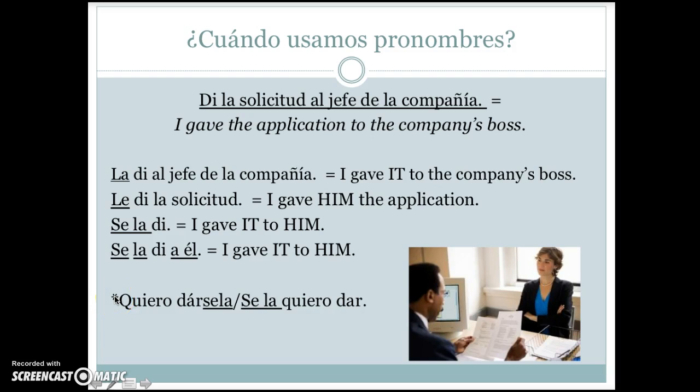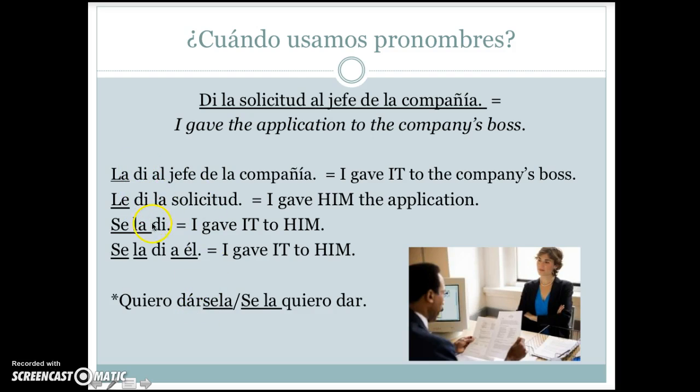I believe you've also learned through the MySpanishLab about using these pronouns with compound verb phrases. These are when you have more than one verb in your verb phrase. Quiero dar, por ejemplo. I want to give. Well, with these compound verb phrases, you have two options in terms of word order.